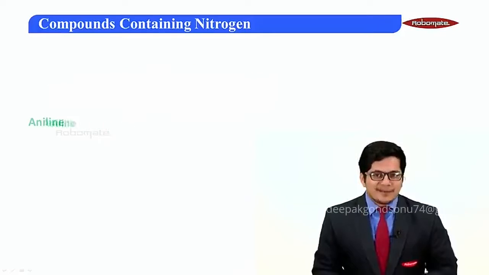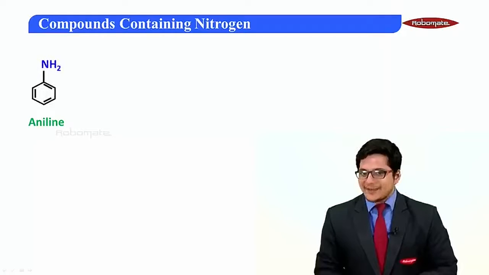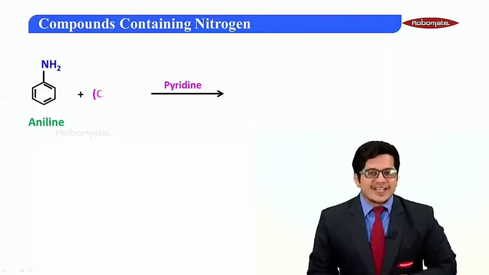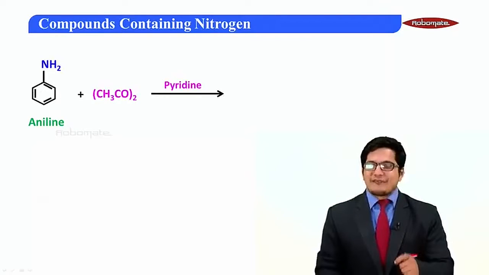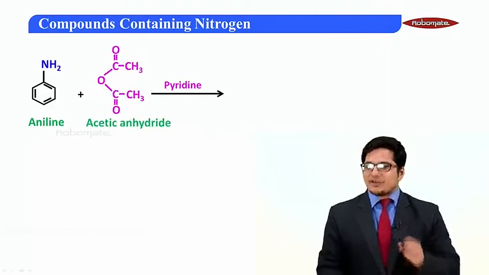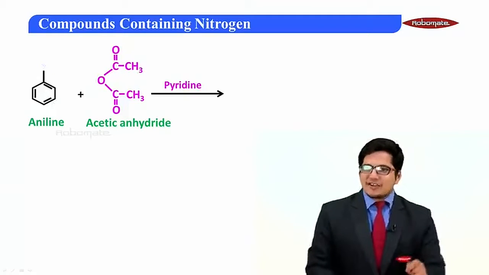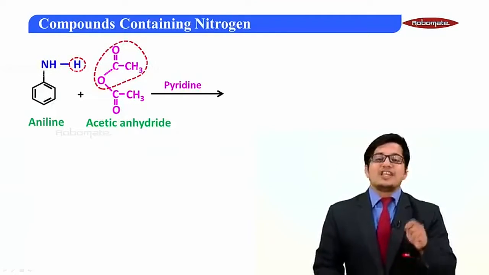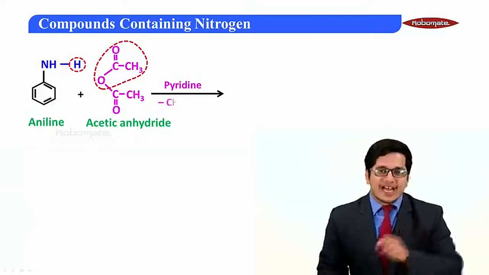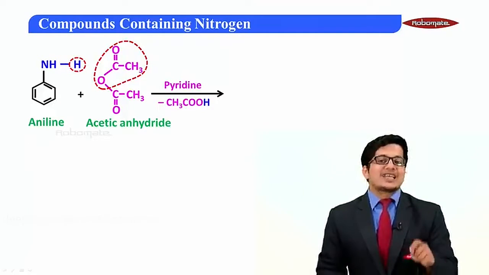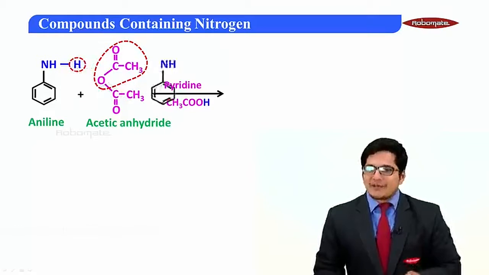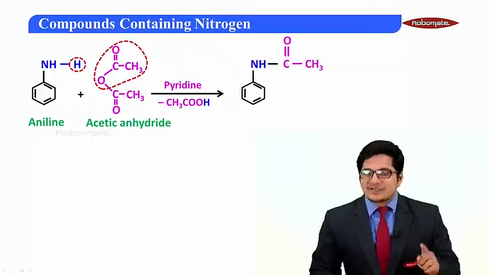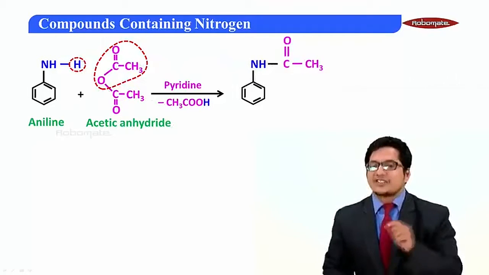We take aniline once again. Now this aniline is treated with acid anhydride in the presence of pyridine. Hydrogen and one C double bond O CH3 O combine together, giving us a molecule of acetic acid. Now we have a benzene ring attached to NH, which is attached to C double bond O CH3.